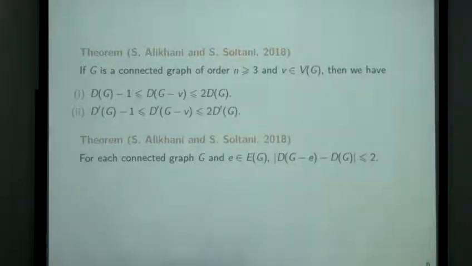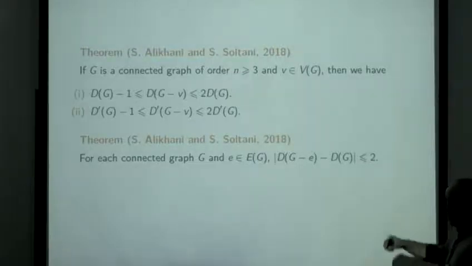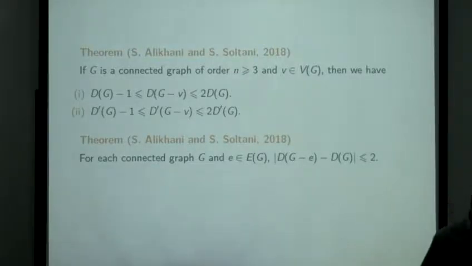And we have the same situation for the distinguishing index. And you see, for example, something about the distinguishing number of a graph when we remove an edge from the graph. You see here that the distinguishing number of the graph increases by at most 2 and decreases by at most 2.